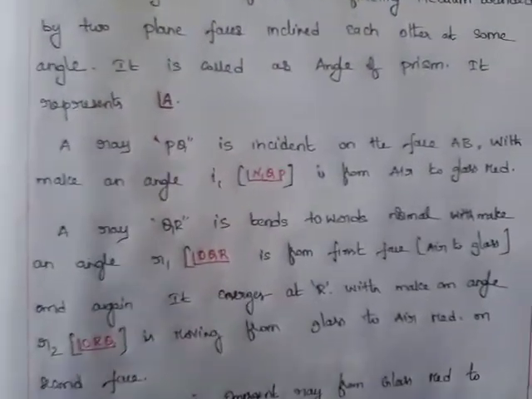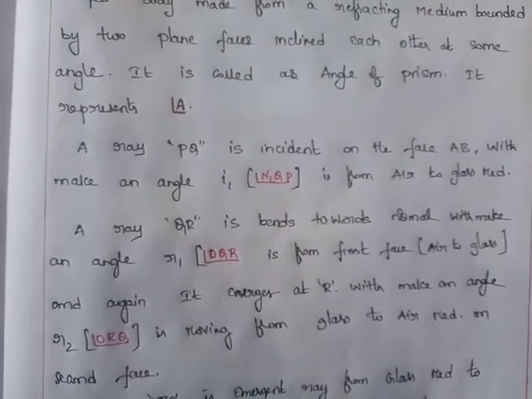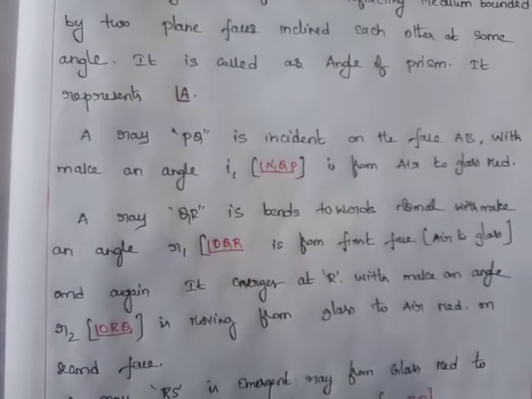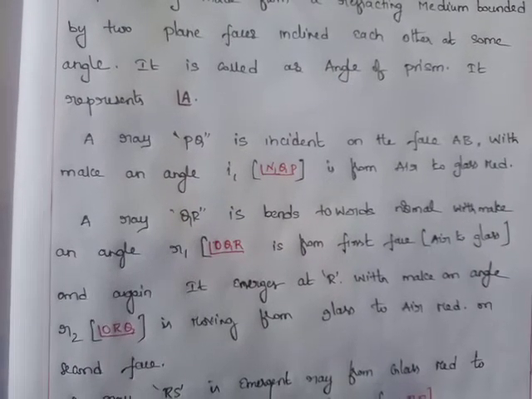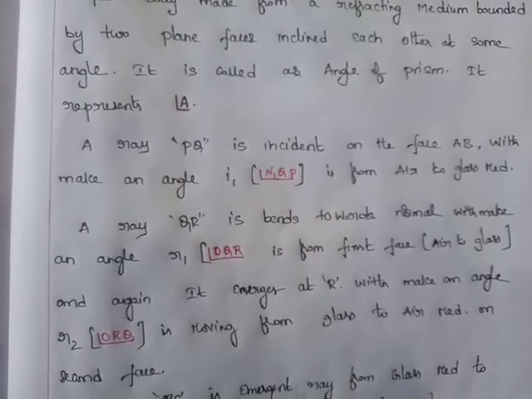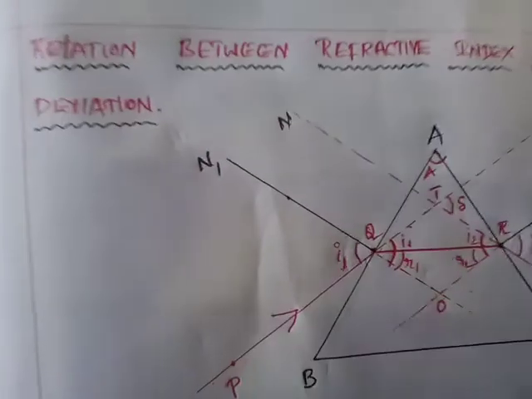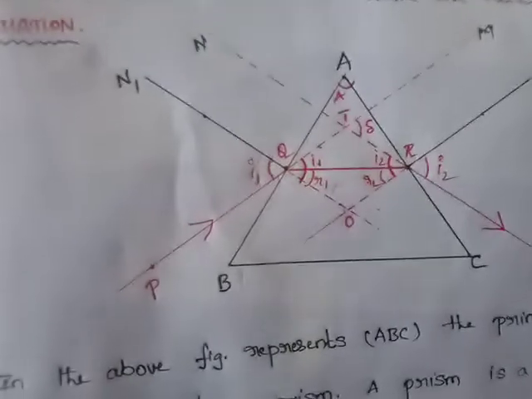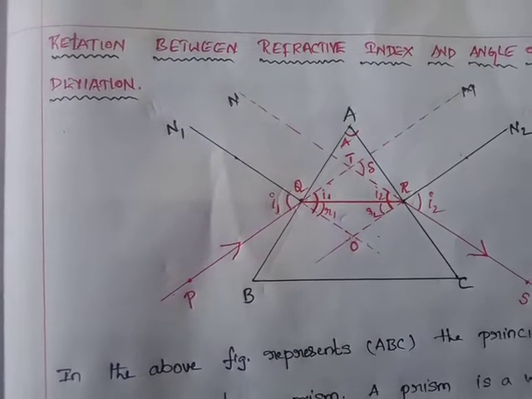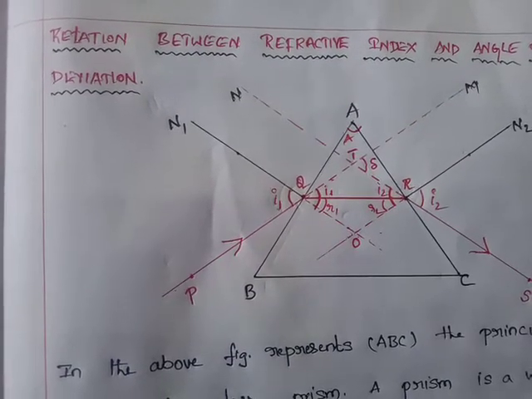Now a ray PQ is incident on face AB making an angle I1. Angle N1QP, from air to glass medium, is angle I1.